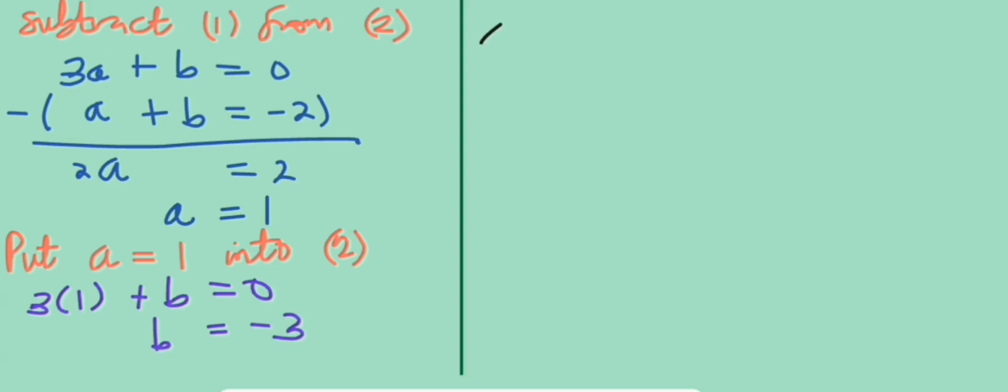Now that we have the values of a, which is 1, b, which is negative 3, and c, which is 1, we substitute back into the standard form of quadratic functions to have the required function.